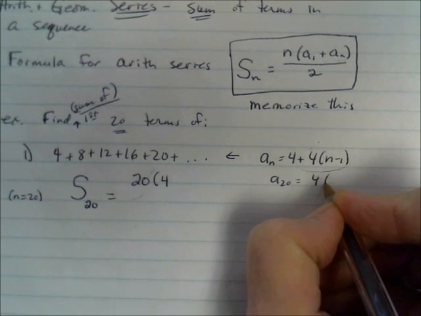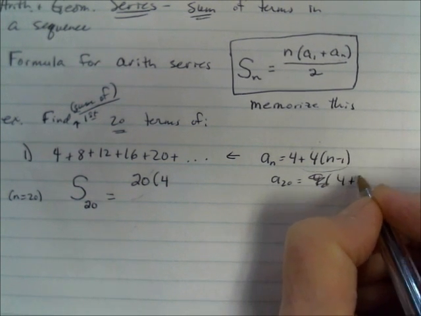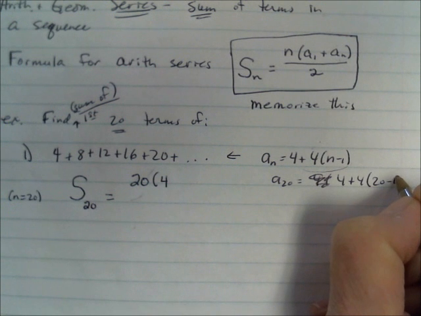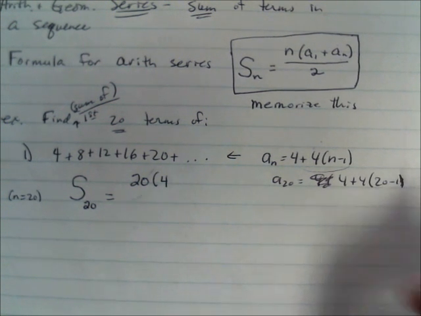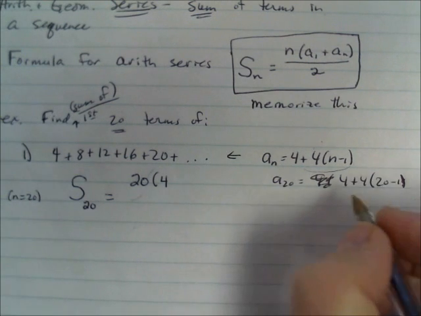It is equal to 4 plus 4 times 20 minus 1. 4 times 19 plus 4 should be equal to 80.